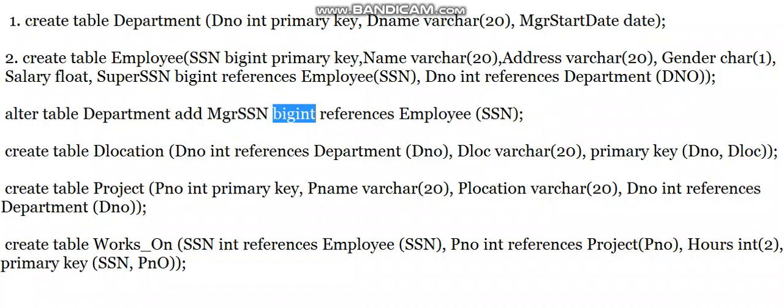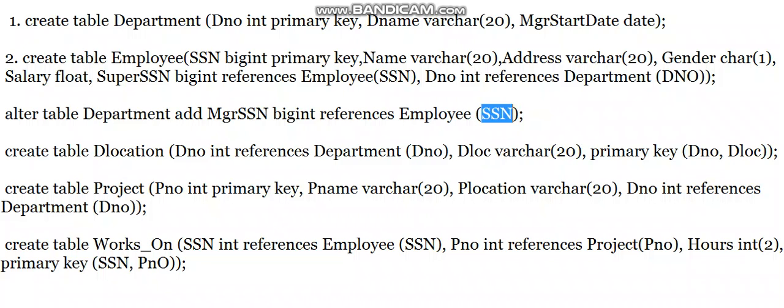We have to follow this rule: the attribute name and its data type, and if it has any constraint, I have to add it. So attribute type big int, references, because manager SSN is referring to SSN of the employee table. So references employee and SSN.